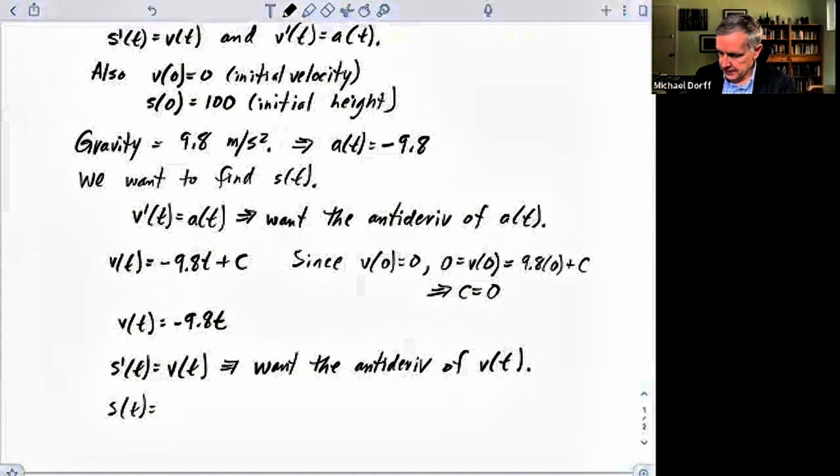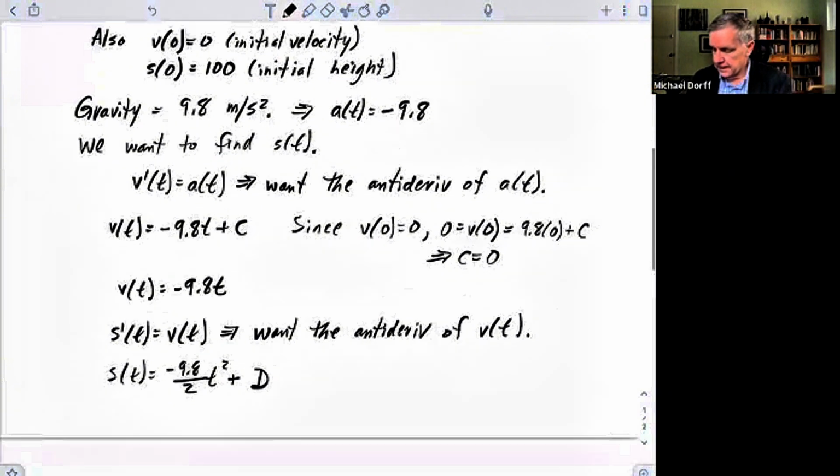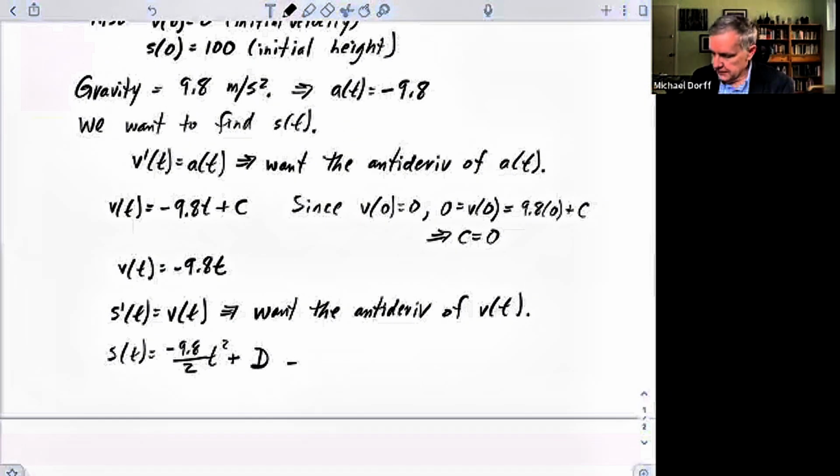So that's going to give me negative 9.8 t squared divided by 2 plus another constant. Now I could put a c here, but we already used c, so we're going to use a different variable. We're going to use d. So that turns out to be negative 4.9 t squared plus d.